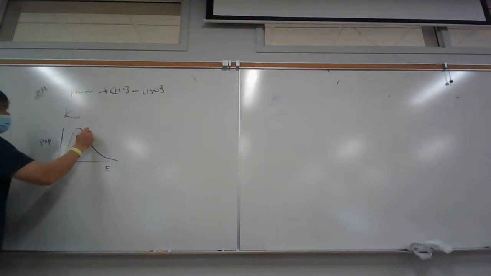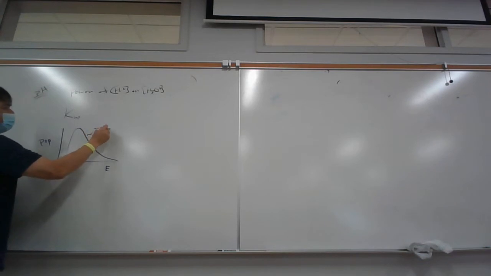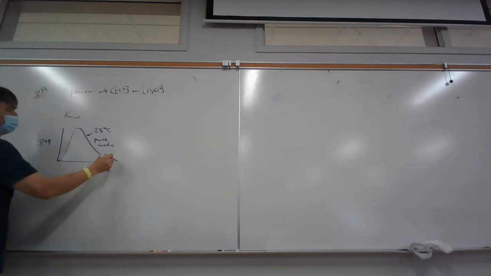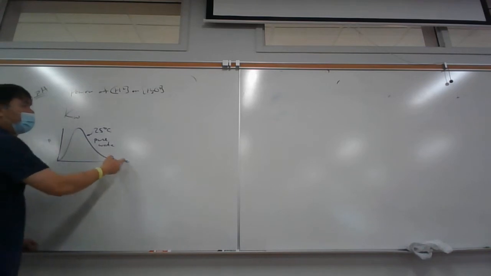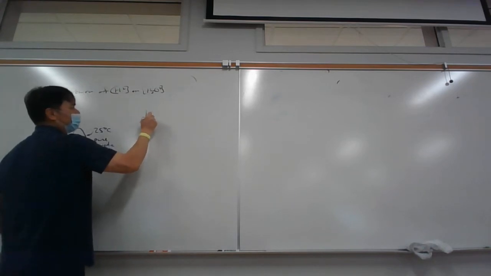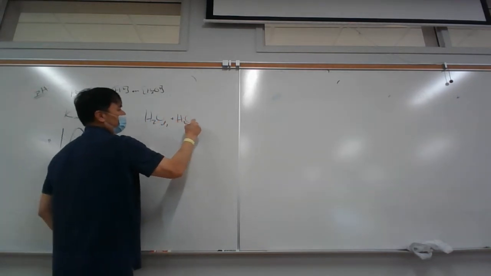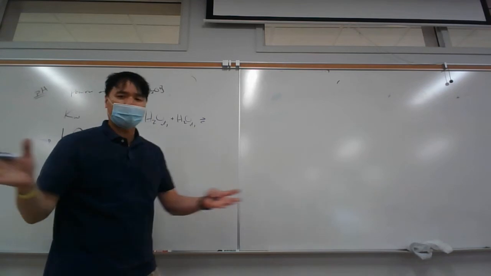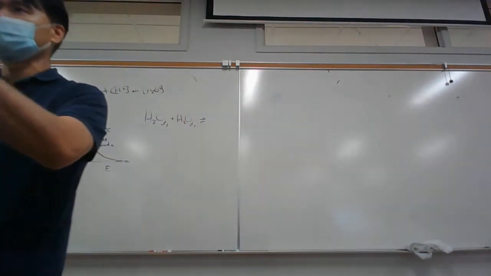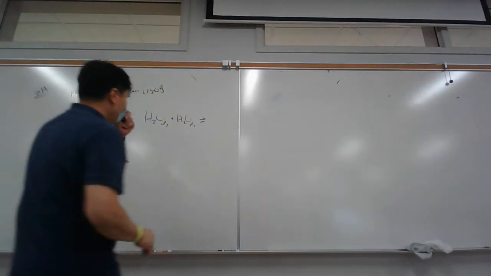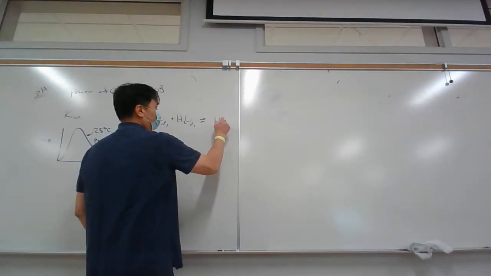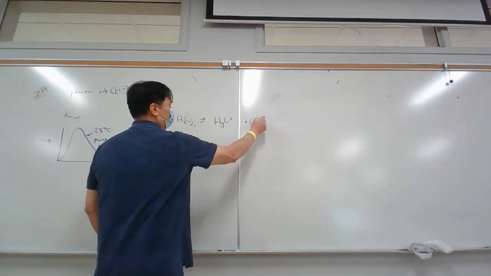Just looking at pure water at 25 degrees C, there's a tiny, tiny fraction of water molecules that have quite high energy over here. In fact, high enough energy that we can see something like this occur. An H2O liquid smashes into another H2O liquid, and they have to have the correct orientation, so we get this big collision here. In the process of this big collision, an acid-base reaction occurs.